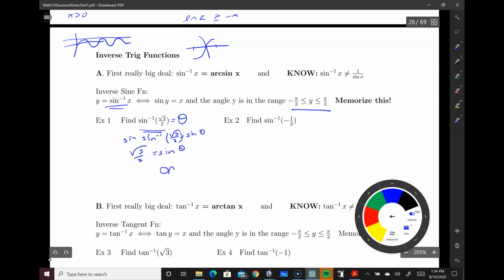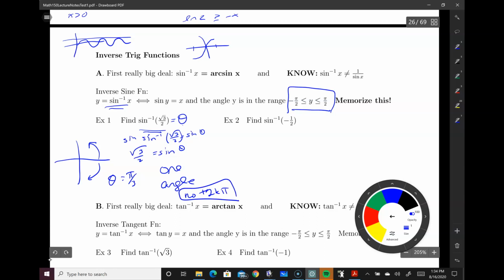There will be one angle because of the restriction that will make sine equal to root 3 over 2. So this angle restriction means I have to be picking between negative pi over 2 and pi over 2. So the one angle that makes sine root 3 over 2 would be pi over 3. So there is no plus 2k pi when you start off with the inverse sine.